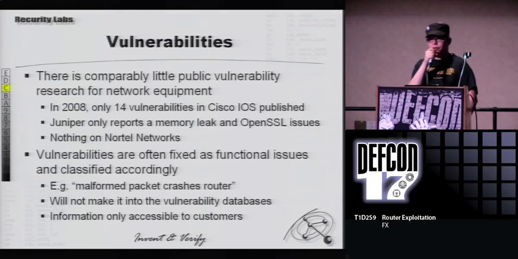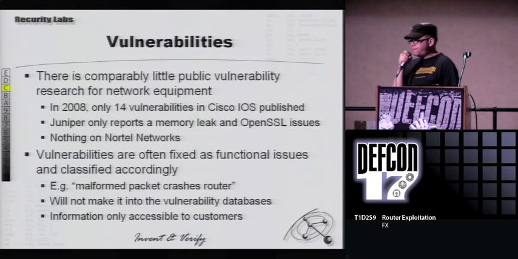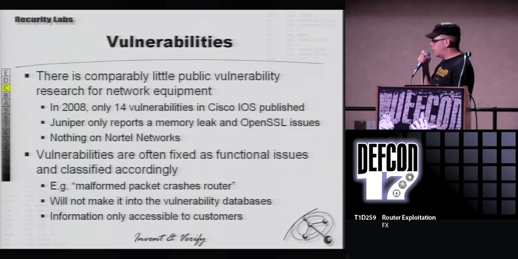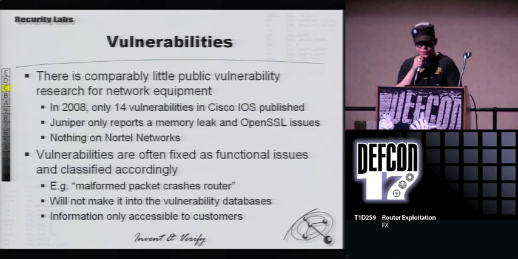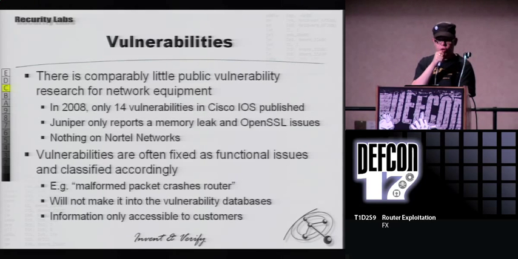And they go, oops, functionality issue, gonna fix that. So it never makes it into a security advisory, and doesn't make it into any databases, so it's not accessible to any of their customers, even if they care. So they don't actually know, which is bad because those customers run our internet. You know, the place where the porn comes from?